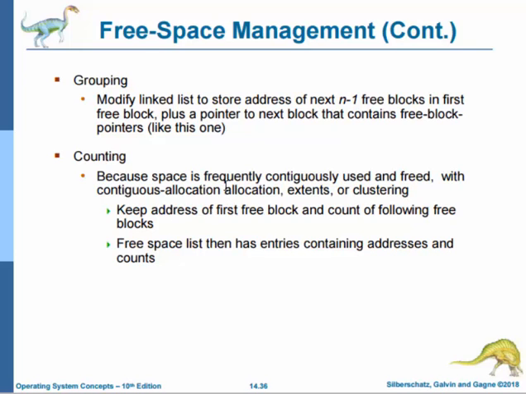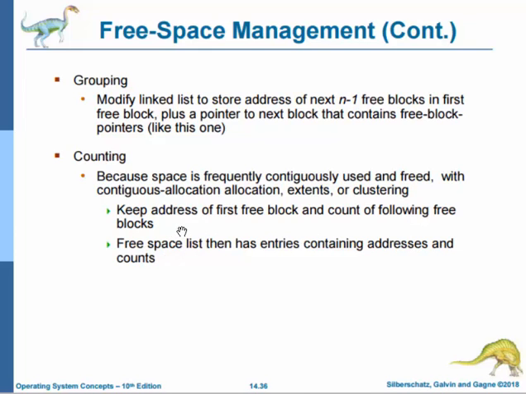Another approach takes advantage of the fact that generally several contiguous blocks may be allocated or freed simultaneously, particularly when space is allocated with the contiguous allocation algorithm or through clustering.